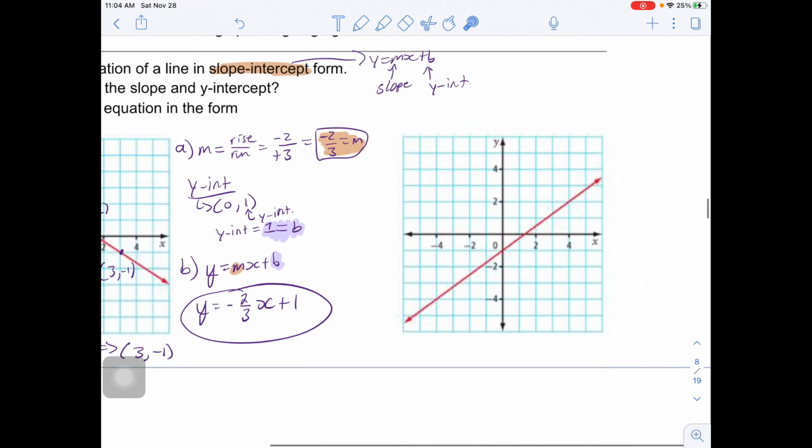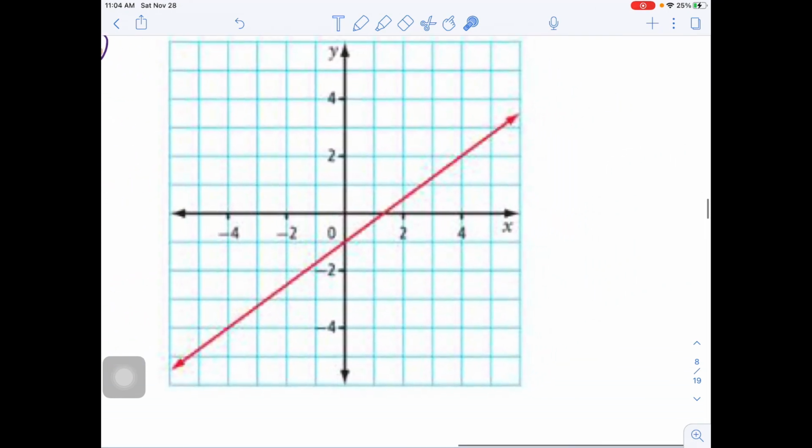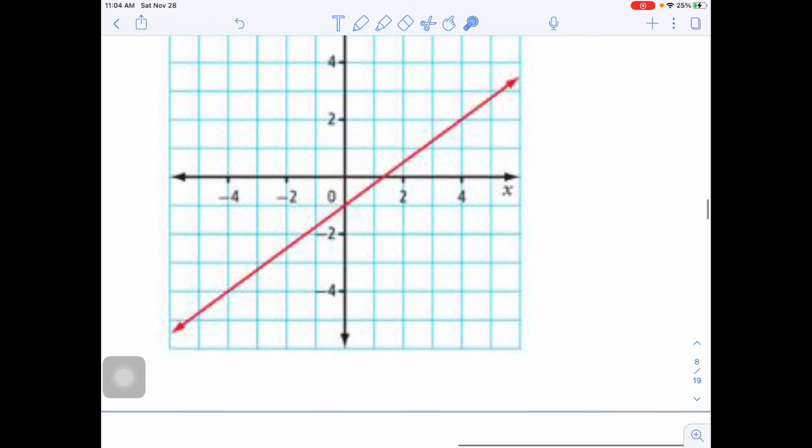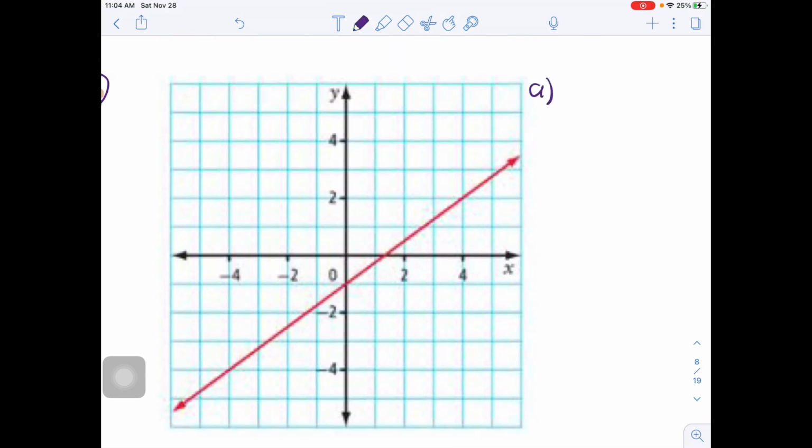Let's look at this guy over here. So in this one, very similar thing. Let's find our slope. And again, I will do it using visuals first. So first off, find 2 points that you know absolutely exist on your line.